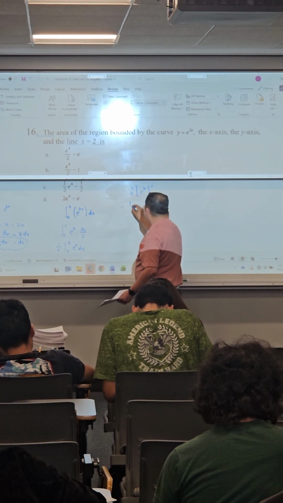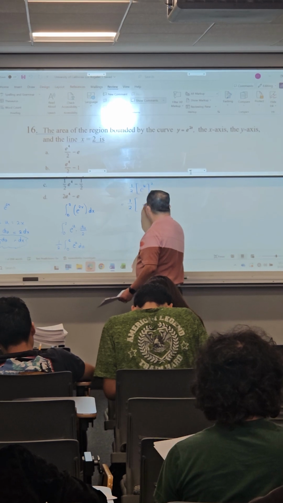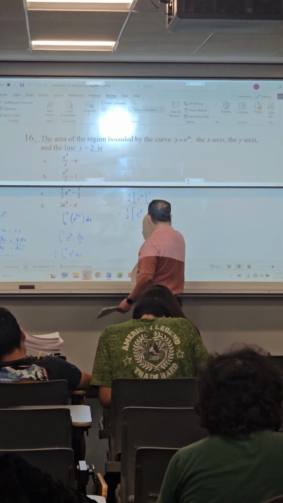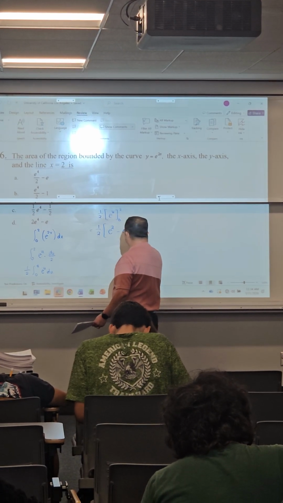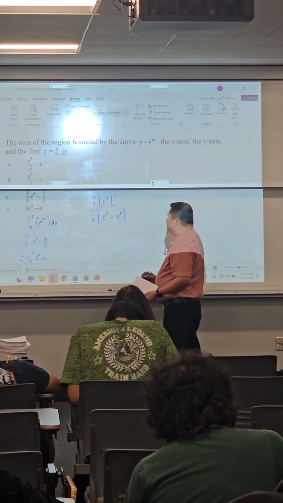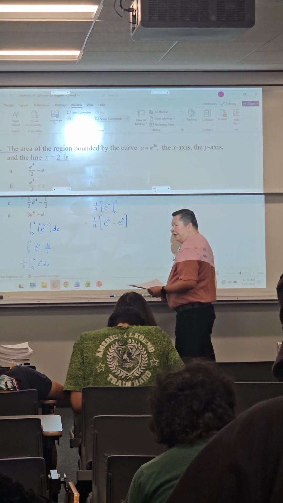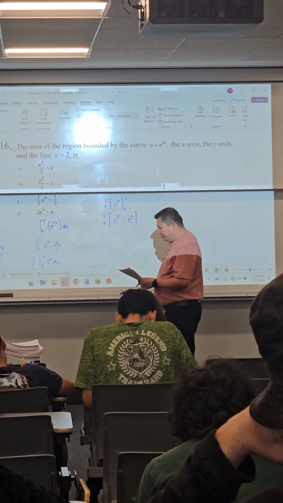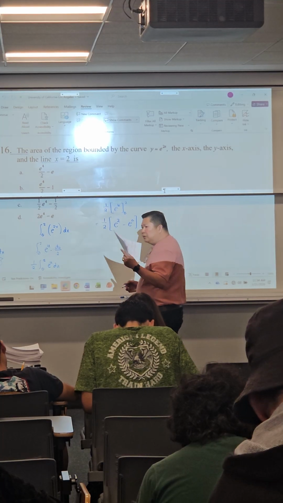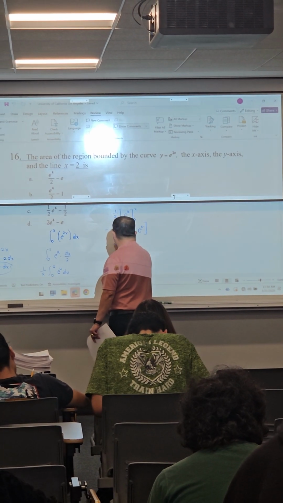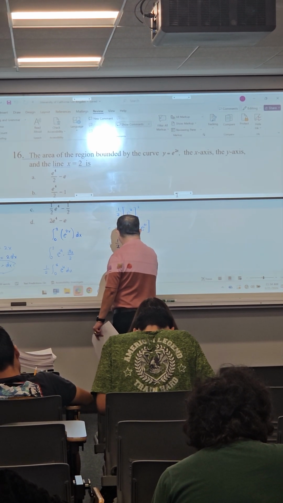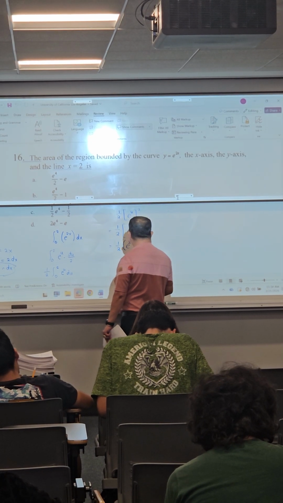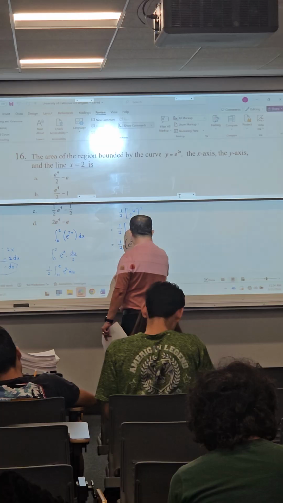So we say 1/2, and then we have e to the power of 2 minus e to the power of 0. Okay, guys? But what is e to the power of 0? Equivalent to 1, right? So we say 1/2 times e to the power of 2 minus 1.